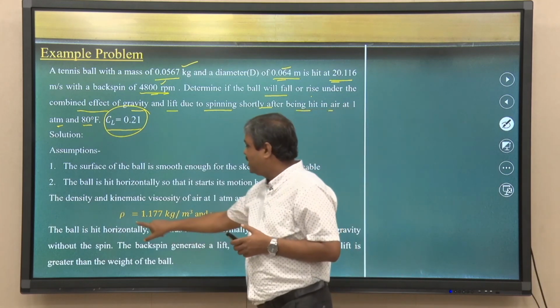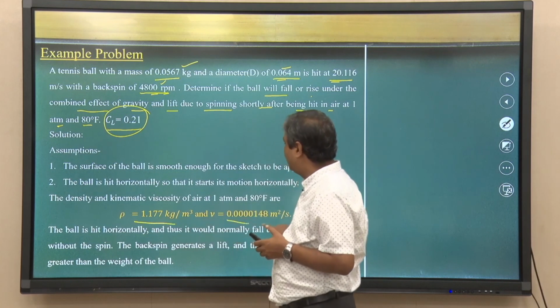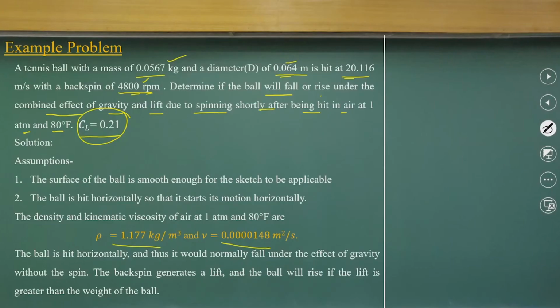So you can compute the density and estimate the kinematic viscosity. The ball is hit horizontally, so it would normally fall under gravity without a spin. Spin generates a lift, but the ball will rise only if the lift is greater than the weight of the ball. That is what I told.